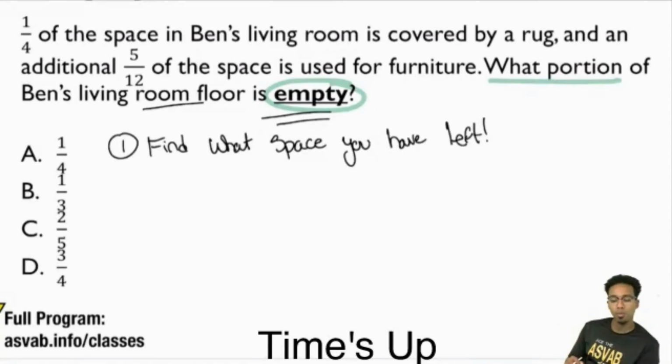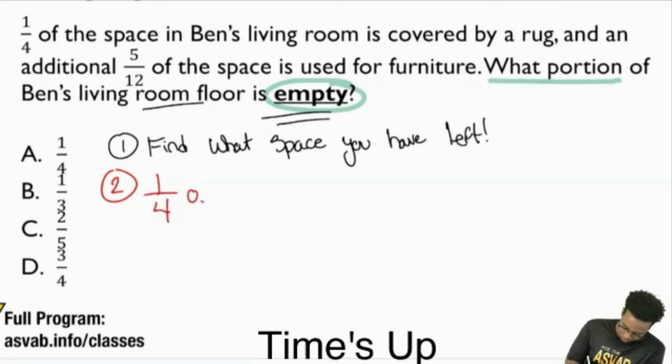Okay, step 2. What we're going to do here is grab our information and see what we can do with it. So step 2, we're going to read through. It says this much of the space in Ben's living room is covered by a rug, and an additional this much space is used for furniture. So notice, I'm not going to read the numbers. I don't have to. We see a quarter of the space.